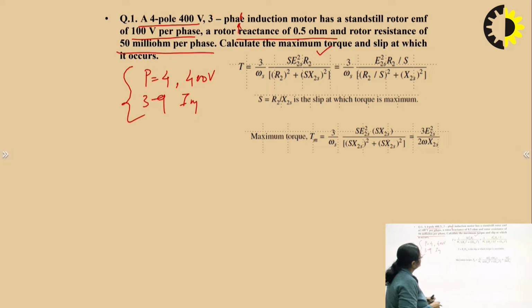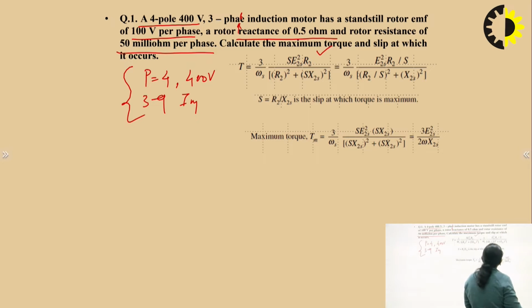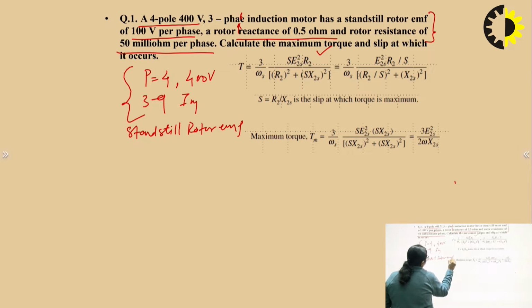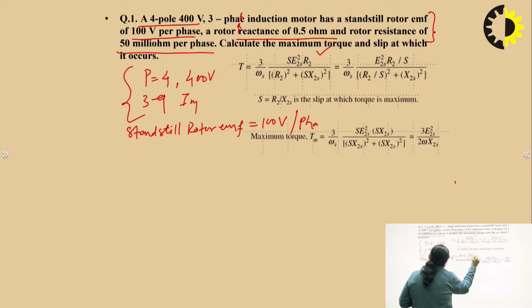Now, besides this, all the parameters which are given here are actually the parameters of the rotor, right? So, the standstill rotor EMF is given to us as 100 volt per phase value, right?